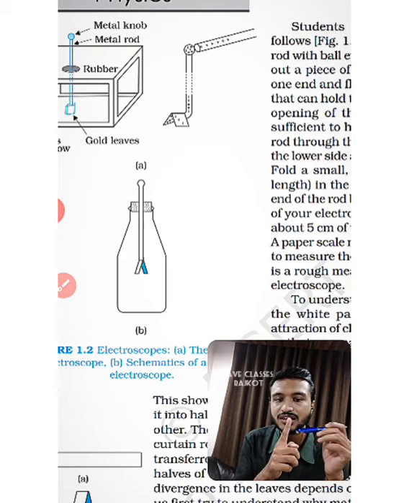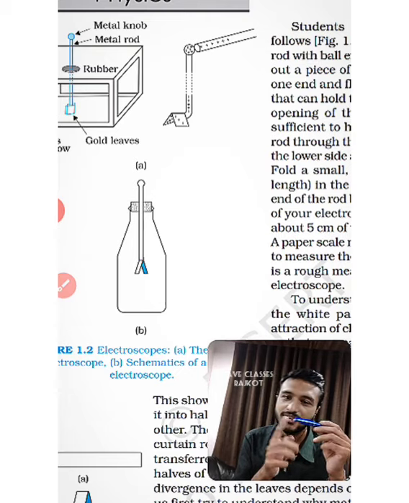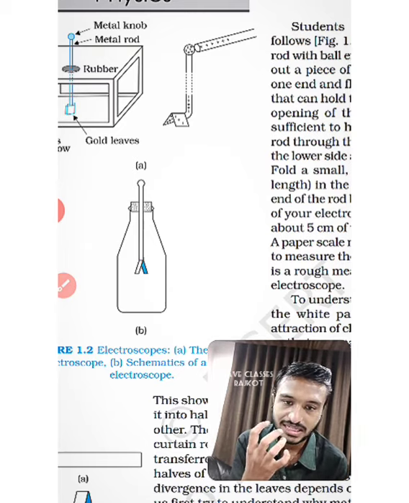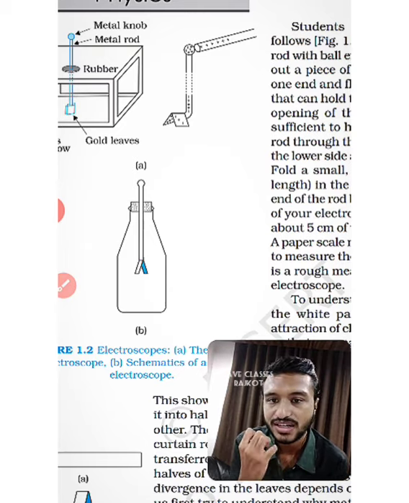So ultimately the metal knob will get the positive charge. Then what would happen? That is the important thing which we want to identify.